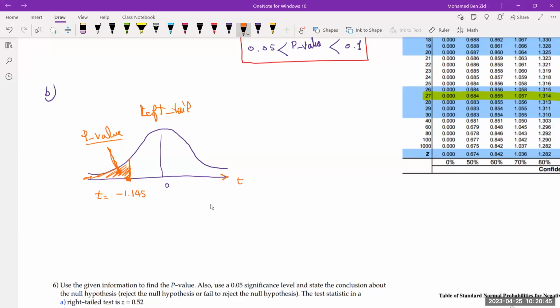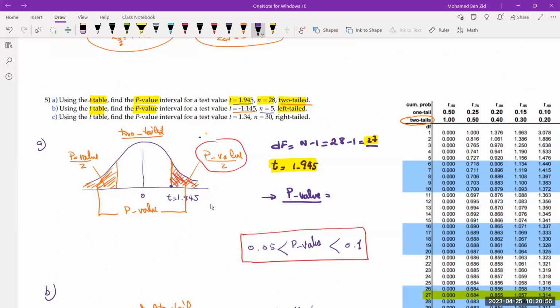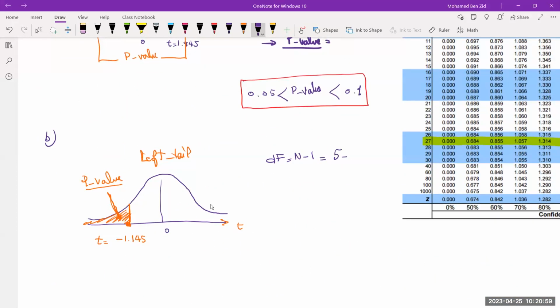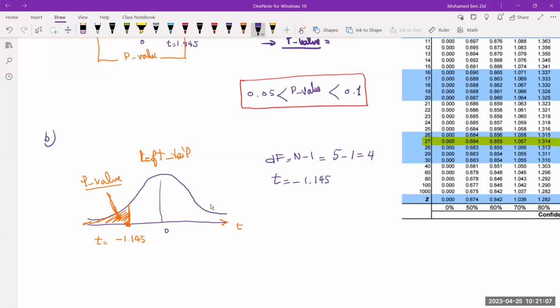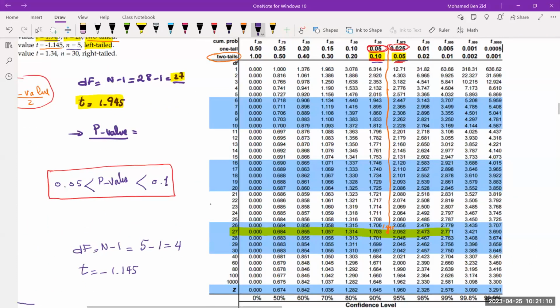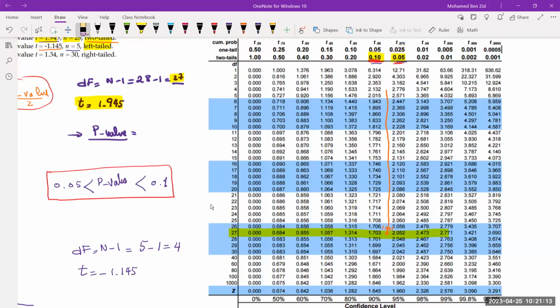So again, we need the degree of freedom, which is n minus 1. This is going to be 5 minus 1, which is 4. And we need the t value, which is minus 1.145. We're going to use the t table again. So I'm going to follow on degree of freedom 4, which is this line.